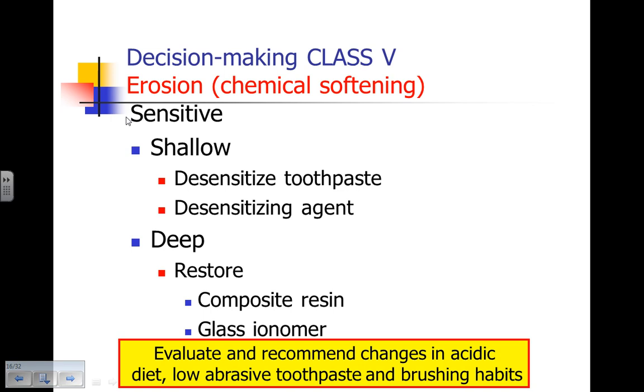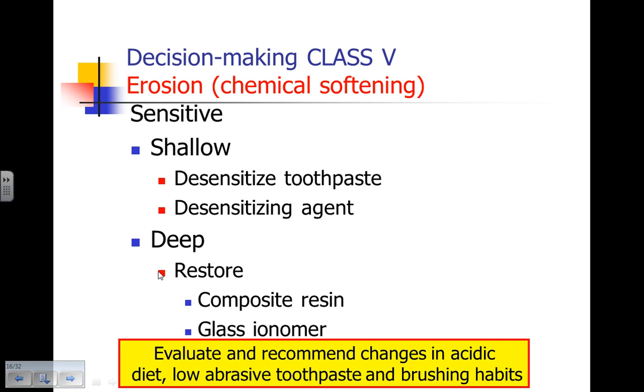And for patients who have sensitive teeth with shallow lesions, usually combined with gingival recession, just as with the abfraction lesion, we consider desensitizing the teeth either by prescribing over-the-counter sensitivity toothpaste, or applying a desensitizing agent intraorally. As the lesions get deeper, our consideration is a restoration with composite resin or glass ionomer.